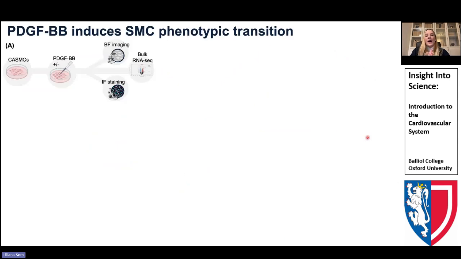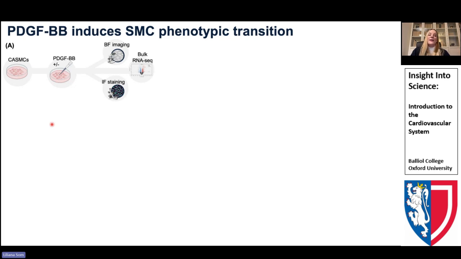So, how can we study this in a research setting to identify therapeutic targets that could inhibit this transition and inhibit plaque formation? I start with the cells I purchased. I grow them in plastic dishes, really.